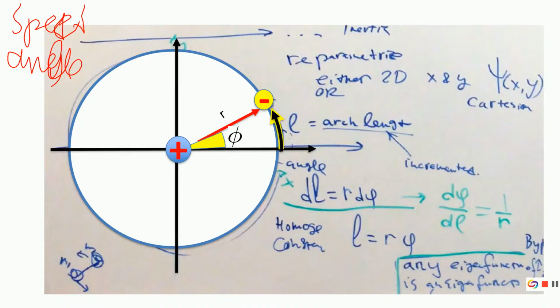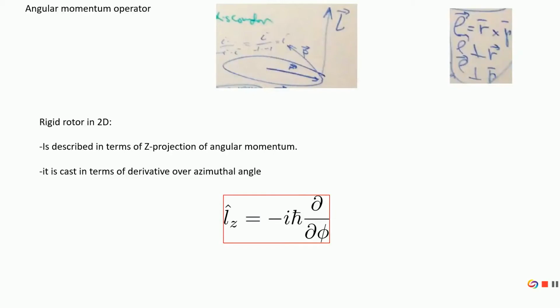So this one is a little piece of review. If we have a negative electron circling around a positive nucleus in a circular orbit, which is an approximation, it doesn't necessarily need to be circular, it doesn't need to be two-dimensional, but we have this length and angle. We found that circular rotational motion can be quantified with an observable called angular momentum.